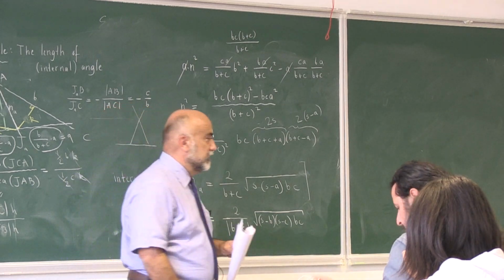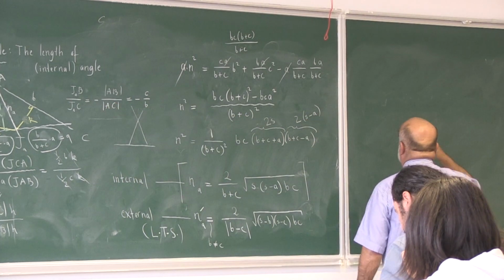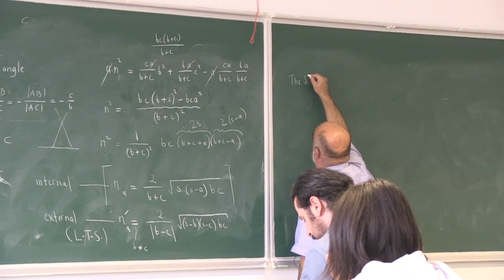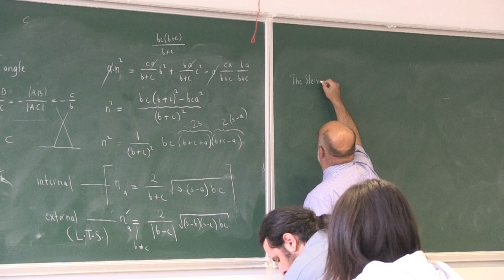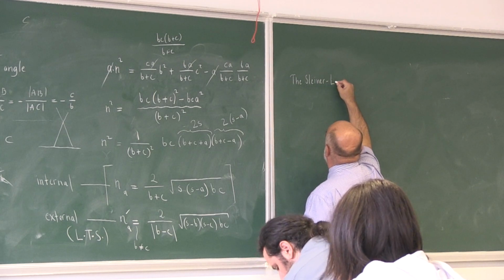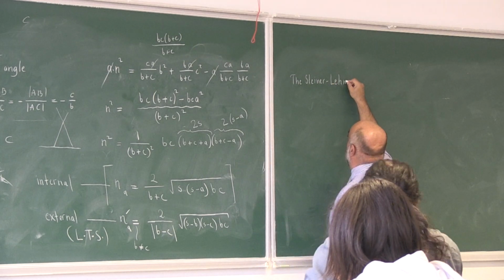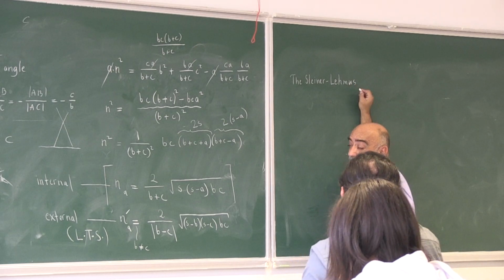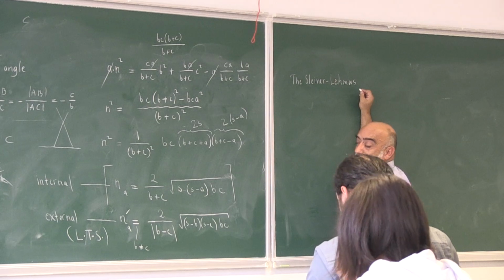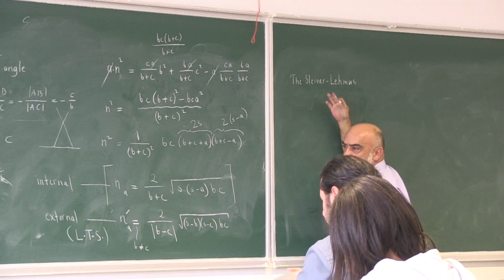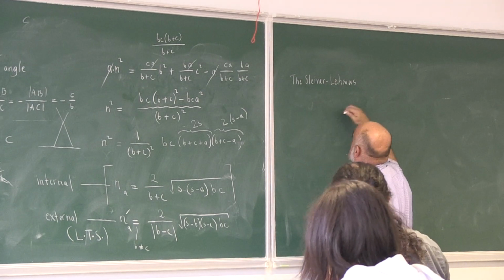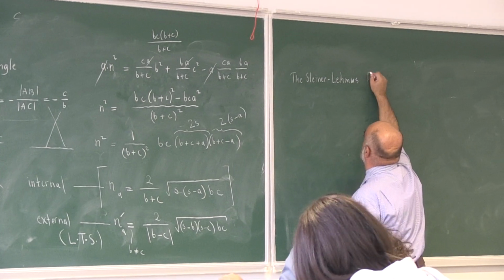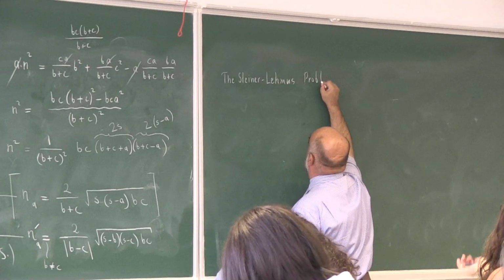It's nowadays called the Steiner-Lehmus problem. Ladies and gentlemen, this name Lehmus, nobody knows anything about it. He's apparently completely forgotten except for this one small result, the Steiner-Lehmus theorem, or problem, let's say. It says the following.